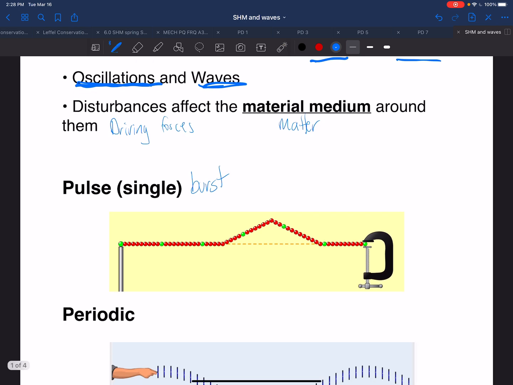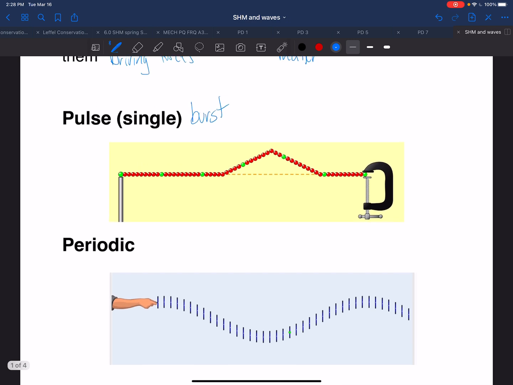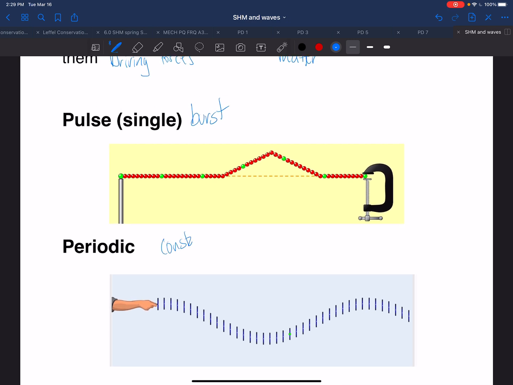But if it became periodic, and let's say it had a constant period, and that driving force were applied over again in a common, constant period, we would produce a wave like this, which is called a transverse wave.